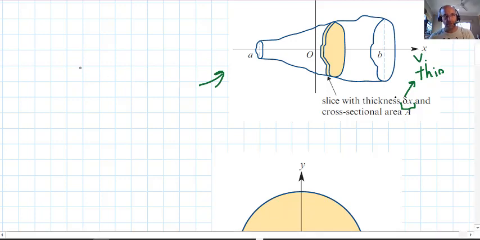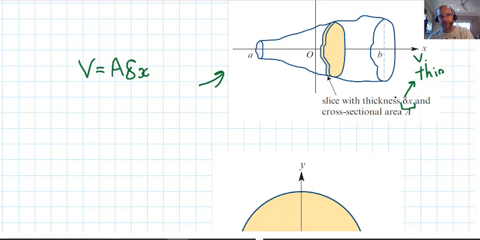So the volume would be the cross-sectional area times delta x for each of those. Okay, so A times delta x. Of course, A is changing. It's changing often as a function of something, especially in the tasks we look at.